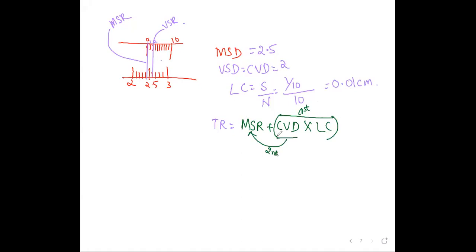MSR is 2.5 centimeter plus CVD is 2, and least count 0.01 centimeter. So this is equal to 2.5 plus 0.02 centimeter, which is equal to 2.52. Did you understand?